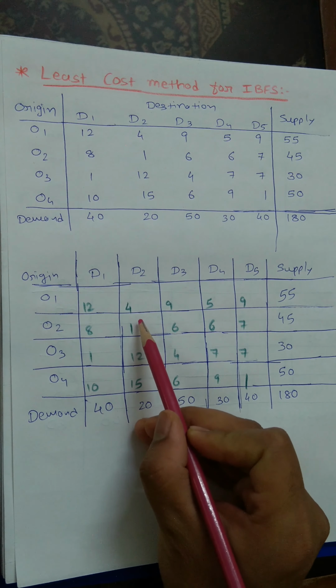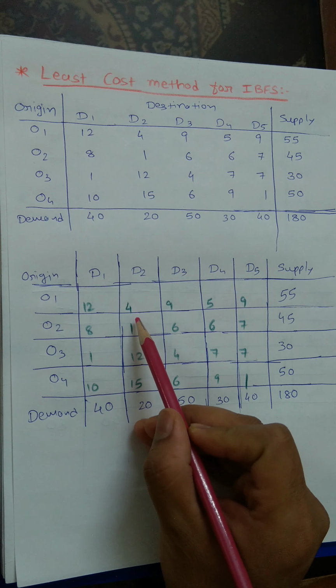If I would write the allocation in this cell, what would be the value? For that, check the respective supply and demand. For the O2D2 cell, 45 is supply, 20 is demand. The minimum out of these two is 20. So I would write 20 in the O2D2 cell.